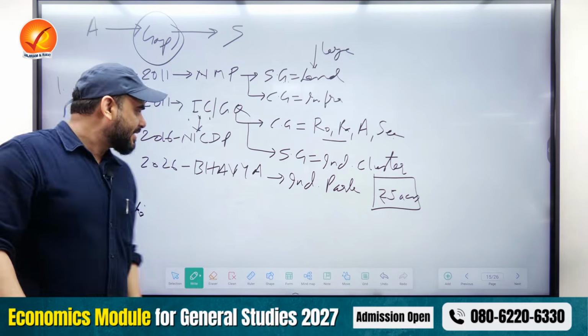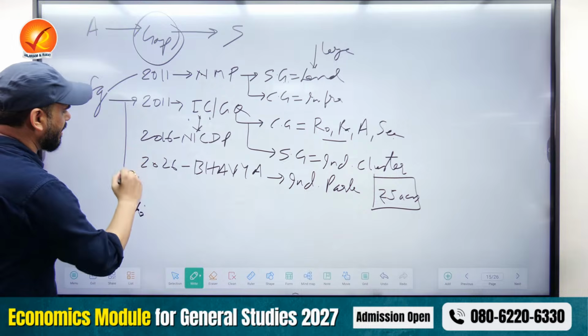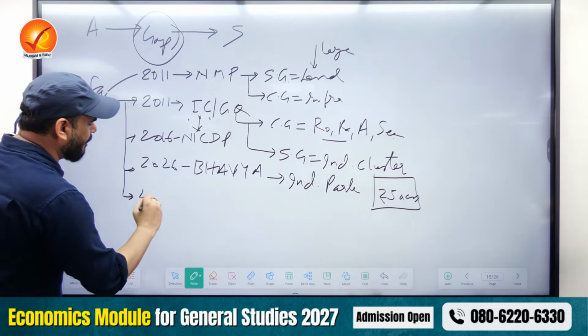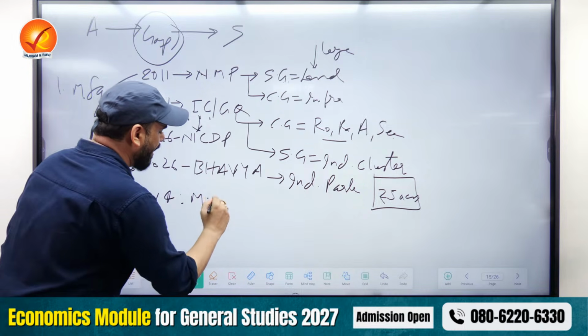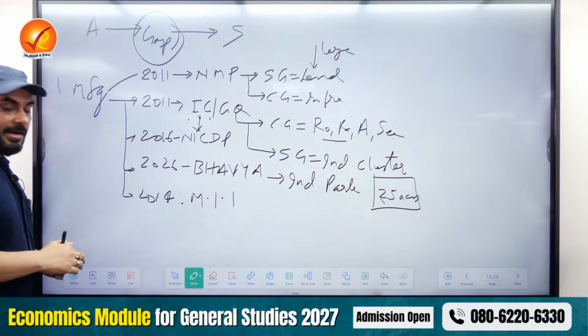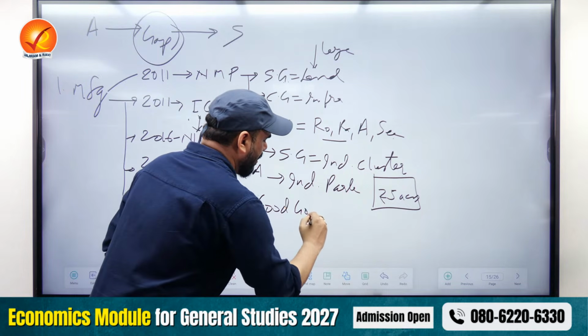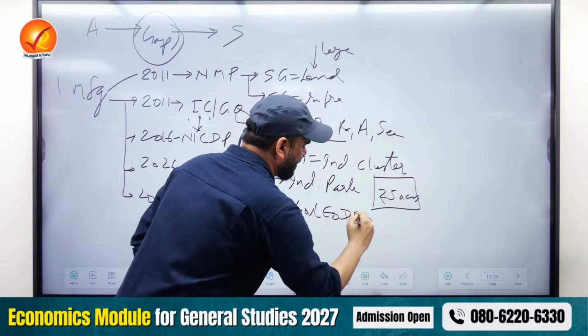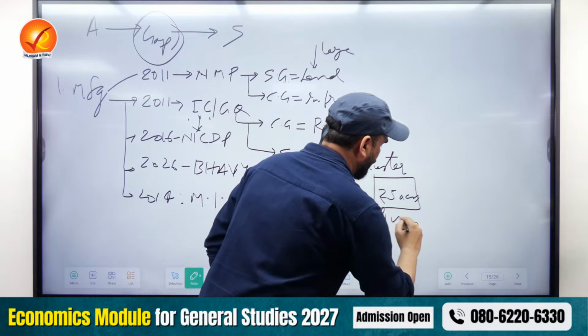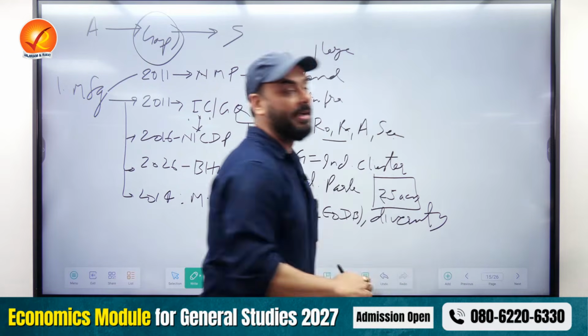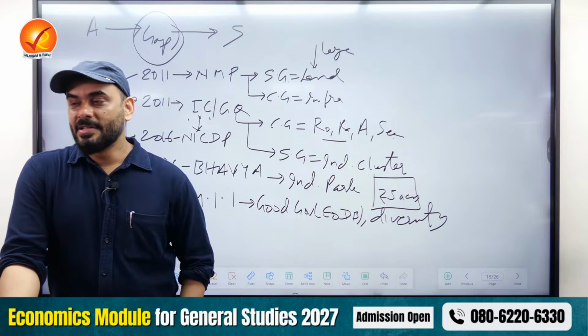Now, what is the next scheme? The next scheme which the government started in 2014 is called Make in India. Under Make in India, what are we trying to provide? We are trying to provide good governance. Good governance means ease of doing business. And we are trying to create diversity in industries. So what is the government thinking?